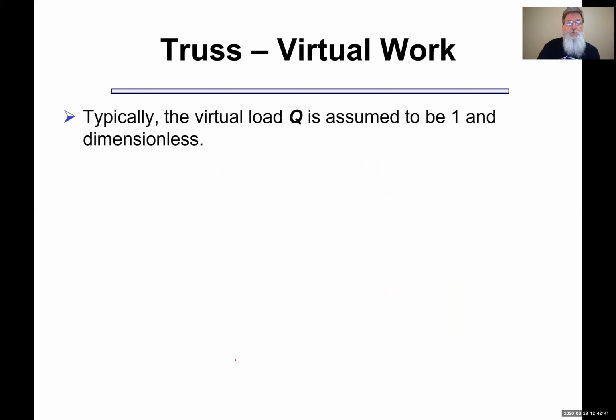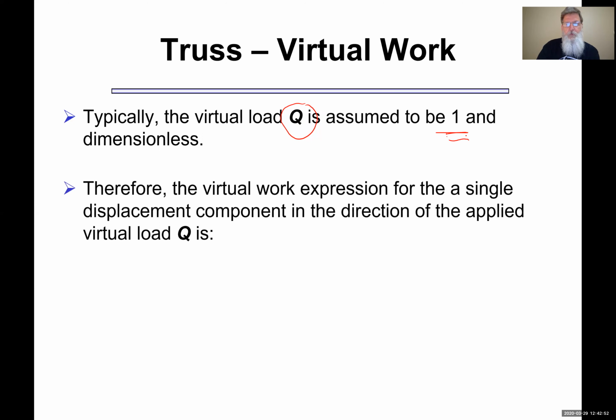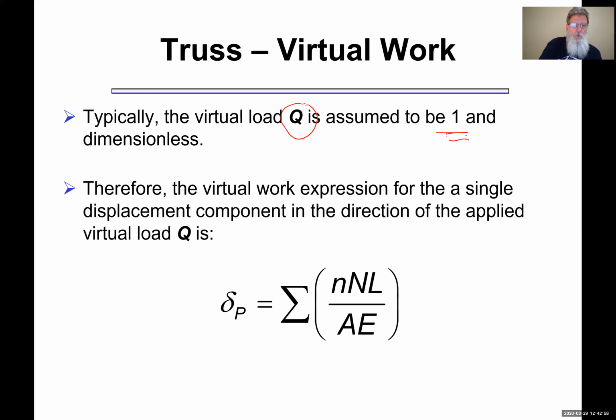One more thing we'll do is we'll assume that our virtual force is 1. And that's where the unit load method comes in, unit being 1. So therefore, if I'm looking for a single displacement, single component, I now put my virtual load Q at the point in the direction I want the displacement, the real displacement.